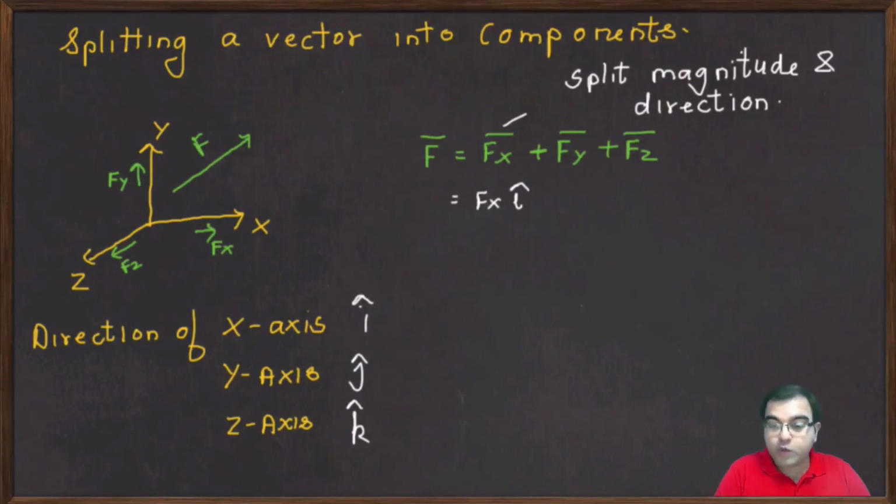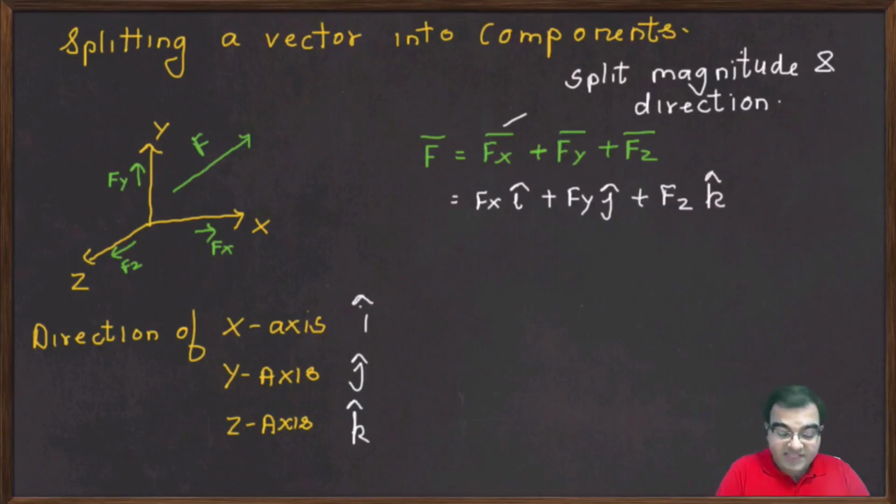Similarly, if I want to split Fy into magnitude and direction, I will write Fy j cap. Fy is the magnitude of the force along the y direction. How do I know this is the y direction? Because I've written j cap, which is along the y-axis.